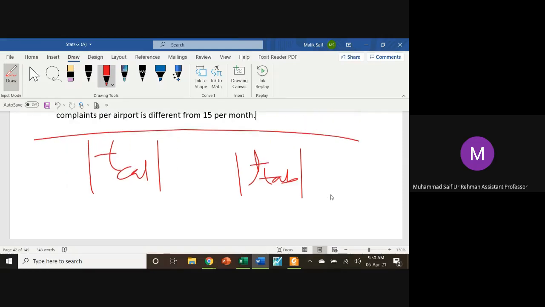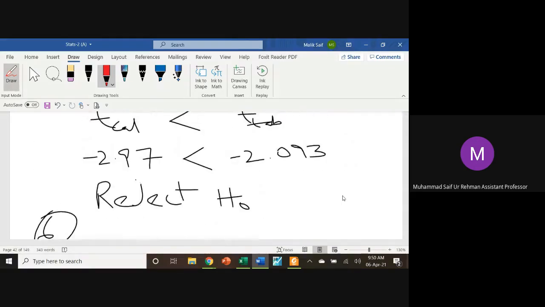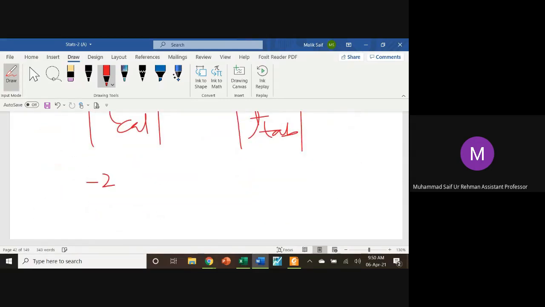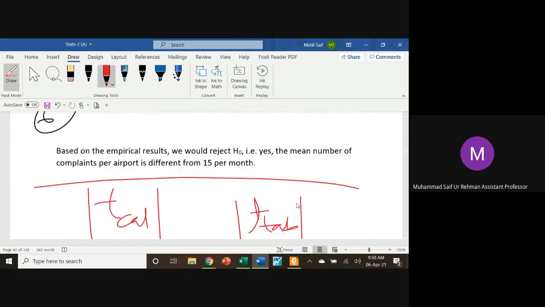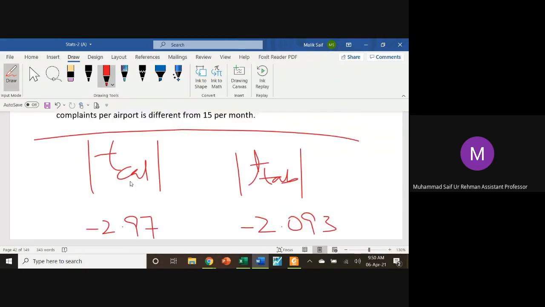If you see in this particular case that we have just solved, the calculated value was minus 2.97, and the tabulated value was minus 2.093. The rule is that if the calculated value is, in absolute terms, greater than the tabulated value, we reject H naught. So when you put these bars, the two values become positive: 2.97 and 2.093.